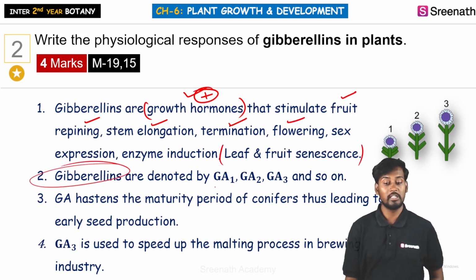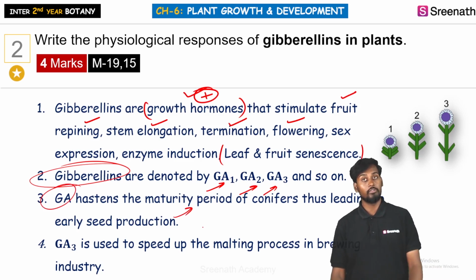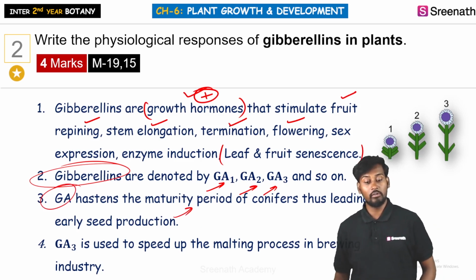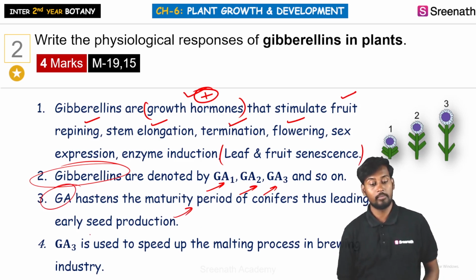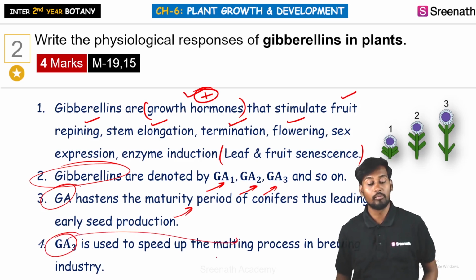Gibberellins are denoted as GA1, GA2 and GA3, or by different kinds of notations. GA is involved in the maturation period of conifers, leading to early seed production. GA3 is used in the malting process in the brewing industry.